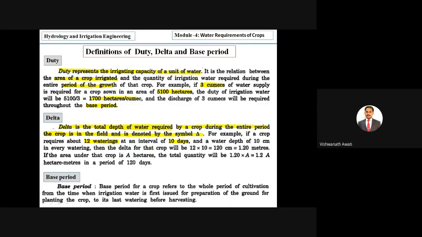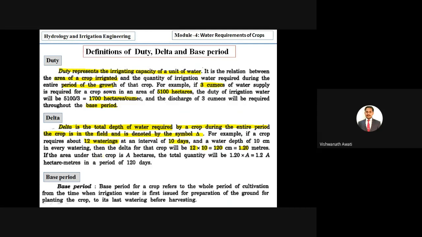Then the delta of that crop will be 12 into 10. What is 12? 12 is the total number of waterings, and 10 is the 10 centimeter of each watering. So a total of 120 centimeter of water is required, which converted to meters is 1.2 meters of water for the complete growth of the crop.